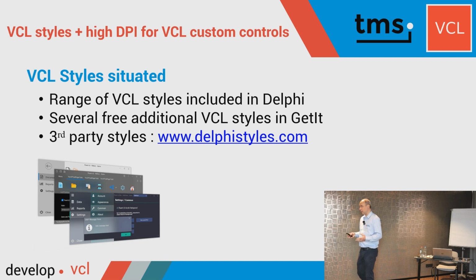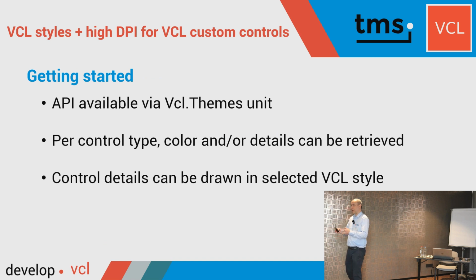How do we deal with this? Normally, if you use standard VCL controls, or if you use VCL controls from third parties, you don't need to deal with it because the controls have built-in support. But if you want to get your hands dirty doing VCL control development yourself and make them VCL style aware, the API for that is in the Vcl.Themes unit.